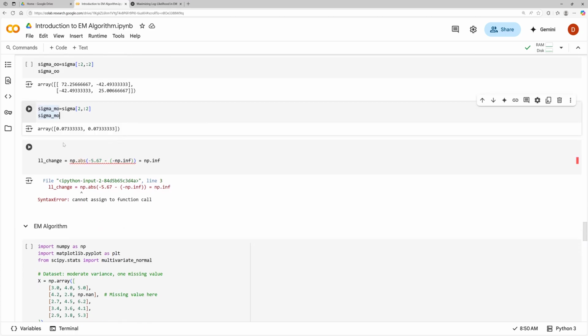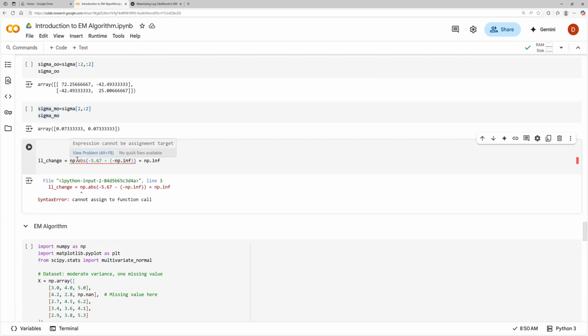Now we also have something where we're tracking the log likelihood, and basically we're going to use this negative np.inf. Okay, and I just put this example here because I want to show that after each iteration we're going to be tracking it. We need to initialize, okay, like a loop.